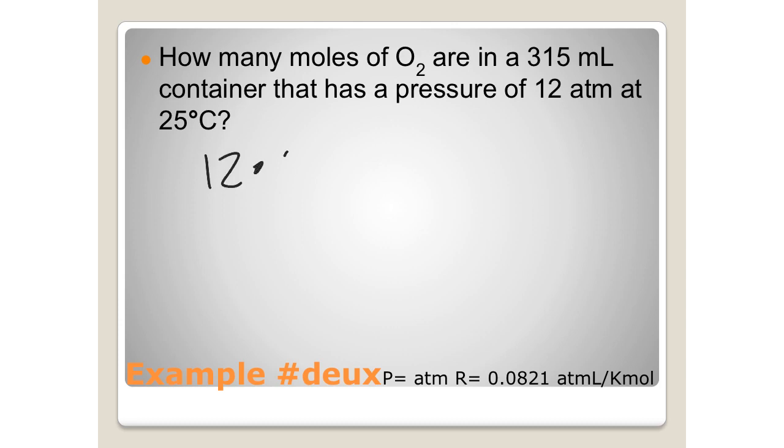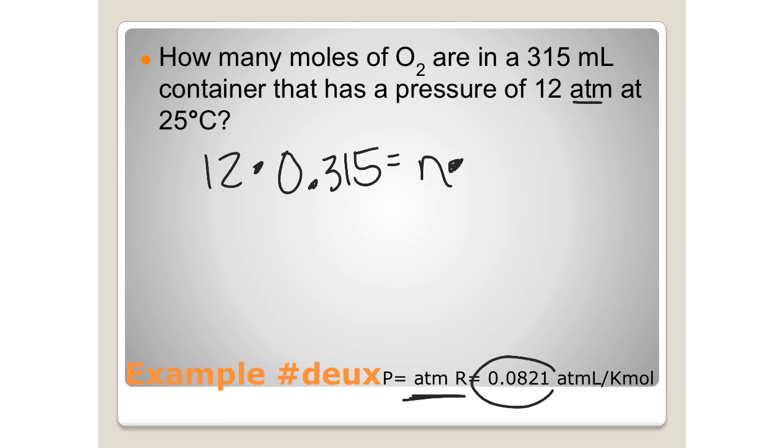Volume, we already figured out, was 0.315 liters. N is what we're looking for. R, in this case, is for atmospheres. The R value for atmospheres is 0.0821.